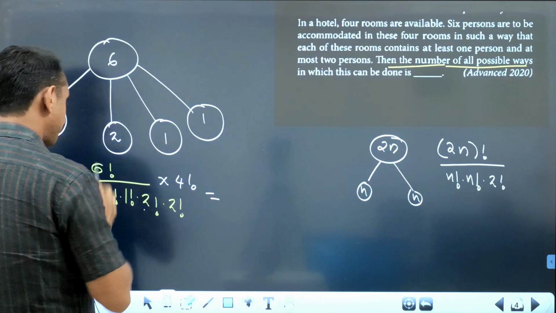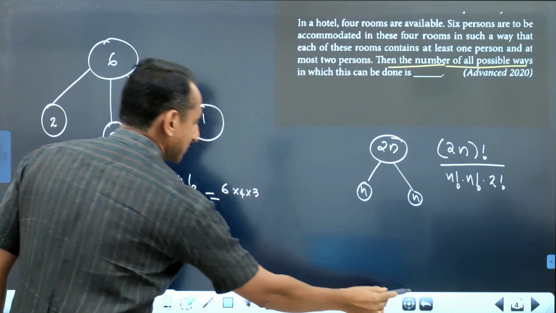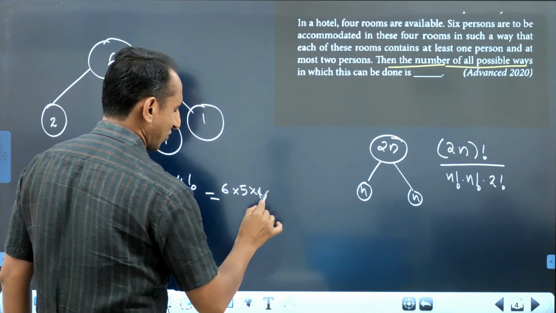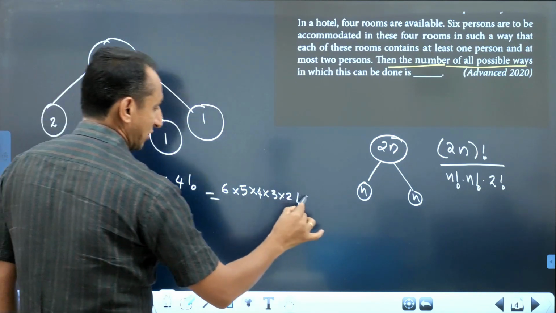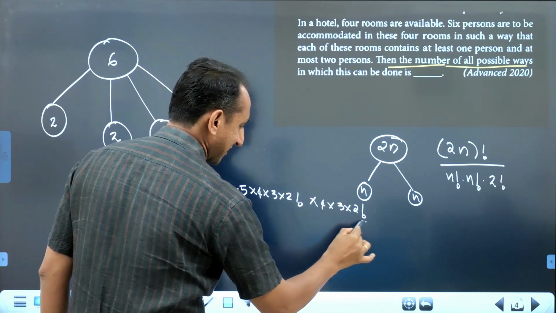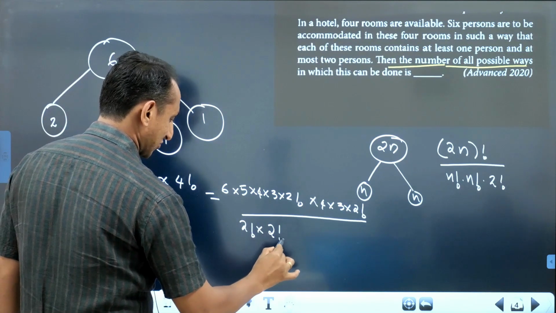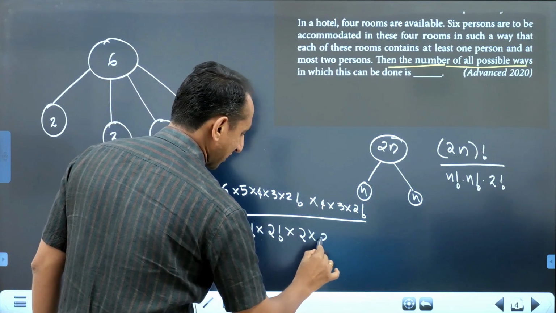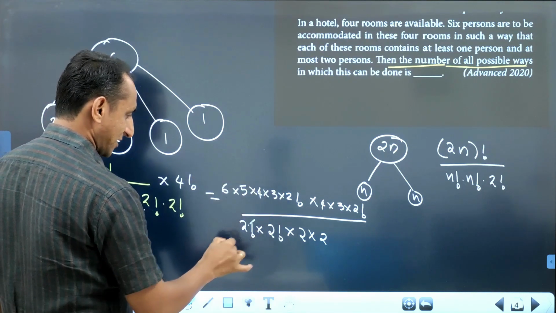It is equal to 6 into 5 into 4 into 3 into 2 factorial into 4 into 3 into 2 factorial by 2 factorial into 2 factorial into 2 factorial into 2. See, these 2 factorials are cancelled.